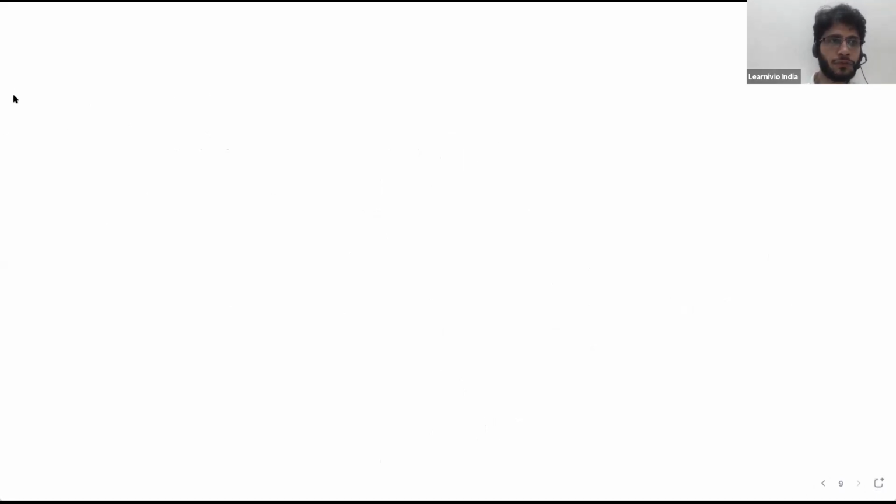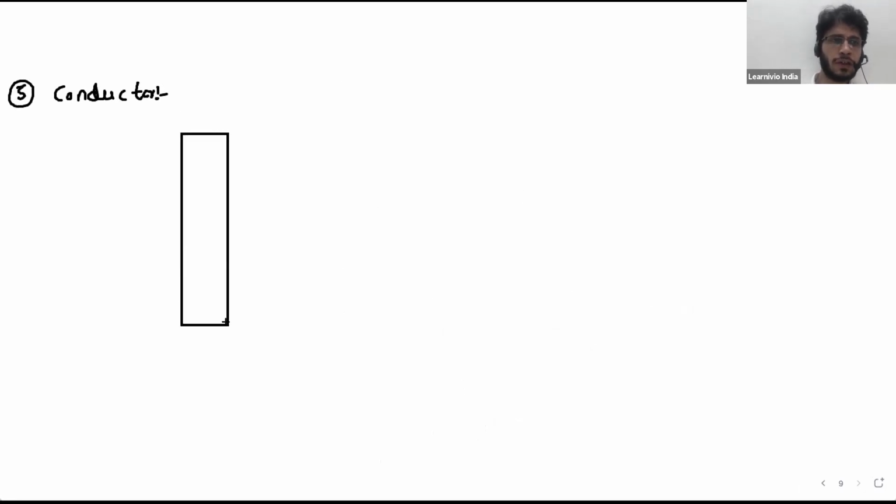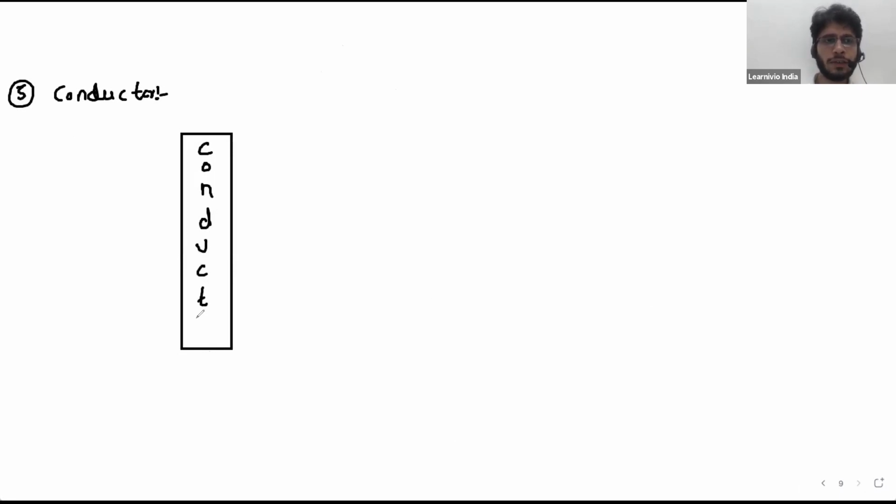Next, this fifth is for a conductor. These are the questions that you can get on field lines. So let's say you have this conductor, then it's very clear that field lines cannot pass through the conductor. If you have a conductor, then field lines cannot penetrate through it. So for this conductor, this will be the pattern of electric field lines.